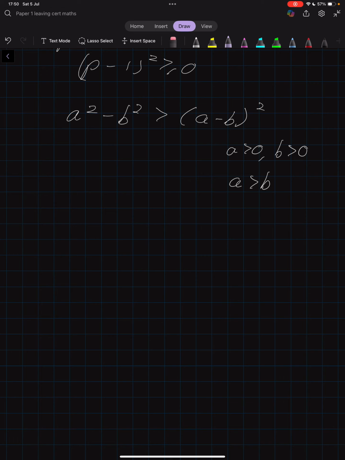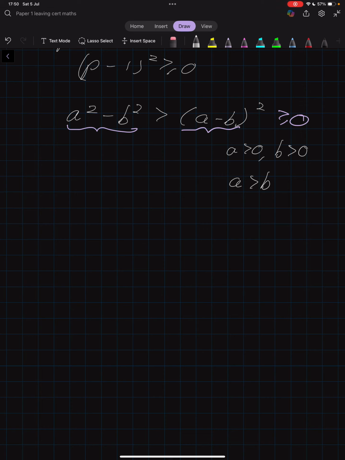Why? Because here we have a squared minus b squared. That's greater than this thing, and we know that that's always greater than or equal to 0 because this thing is just squared. Therefore a has to be bigger than b because a squared must be bigger than b squared. Okay? That'll come in important in a second.